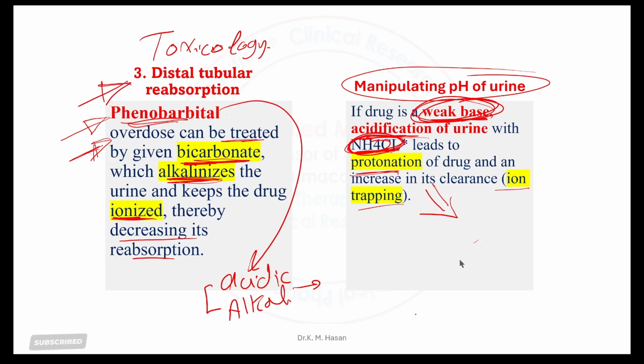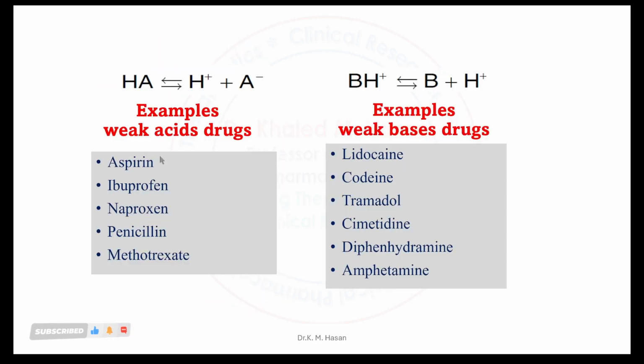I will give you another example for weak bases. For the weak base, for example, we have lidocaine, codeine, tramadol, amphetamine, diphenhydramine, and cimetidine. All of these are considered weak bases.